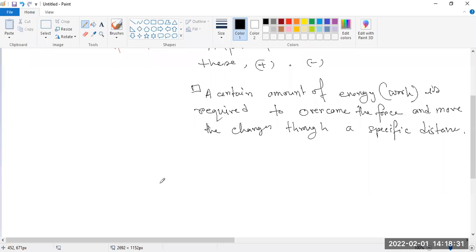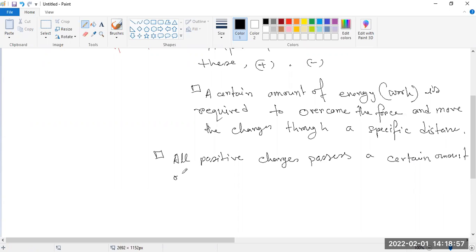So all positive charges possess a certain amount of potential energy because of the separation between them.